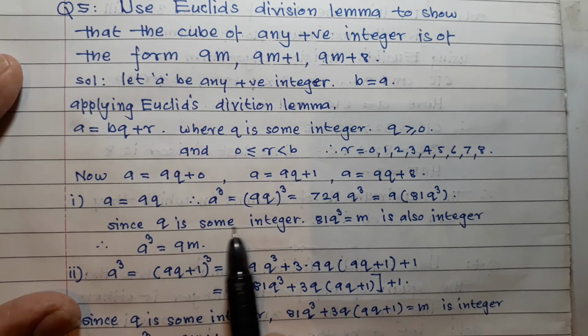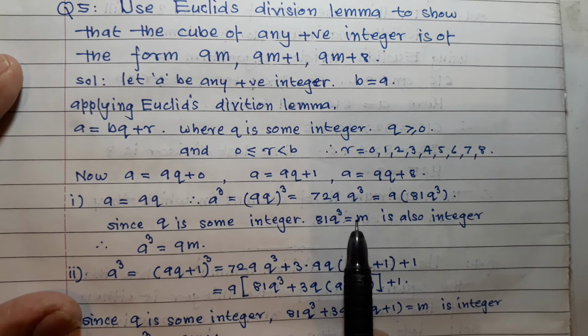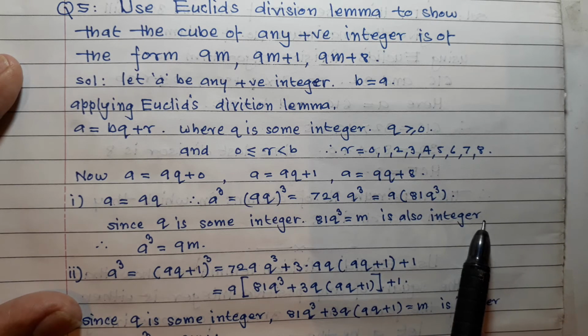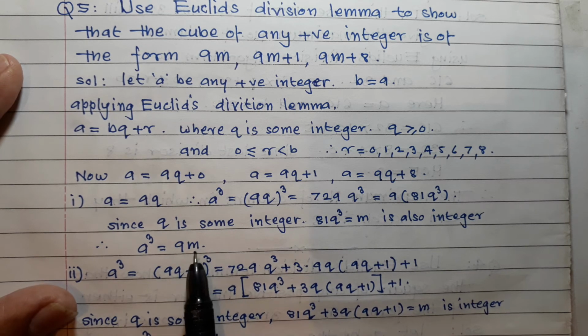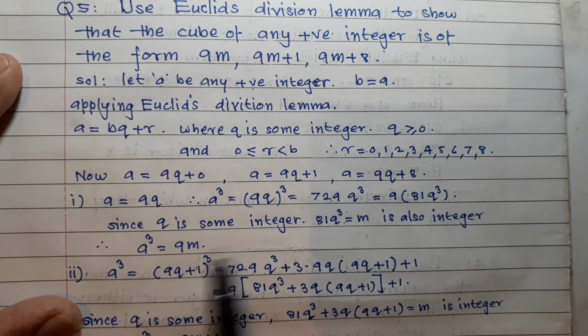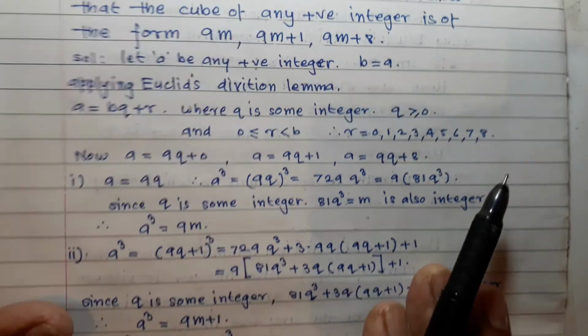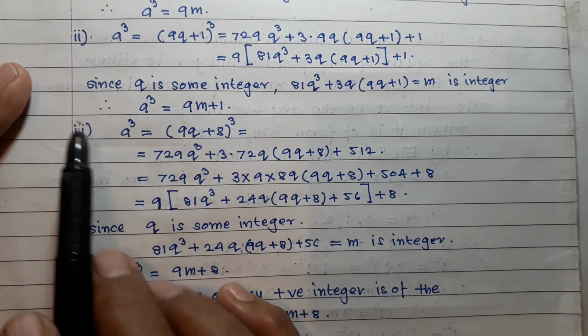Since q is some integer, 81q cube is equal to m, also an integer, and therefore a cube is equal to 9m. For this you write down m. Okay. Now similarly you can prove the next.